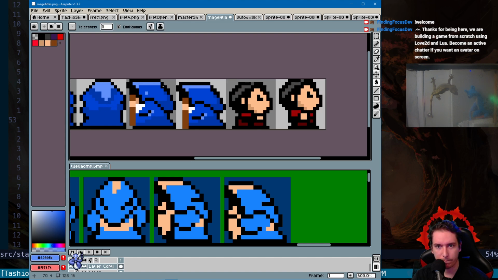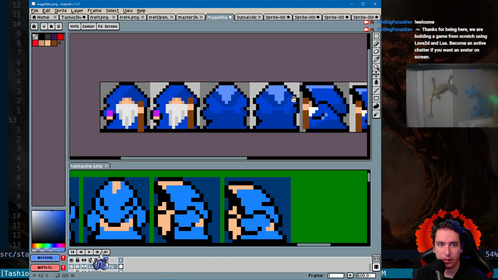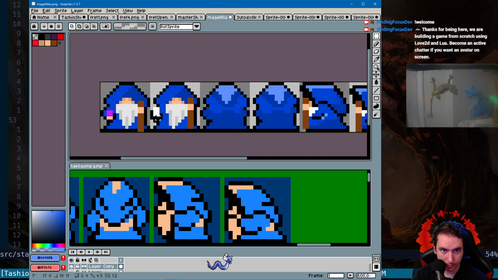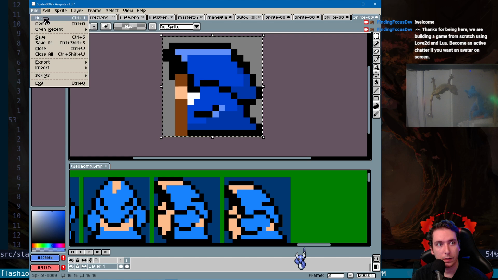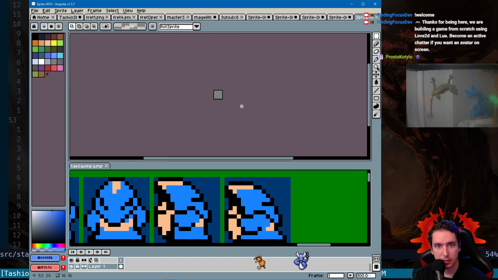And then the last direction is the other hand. So he's got an orb in his other hand, so his facing right should have this little orb. Okay. So let's make a new 16 by 16, and this will be facing right.